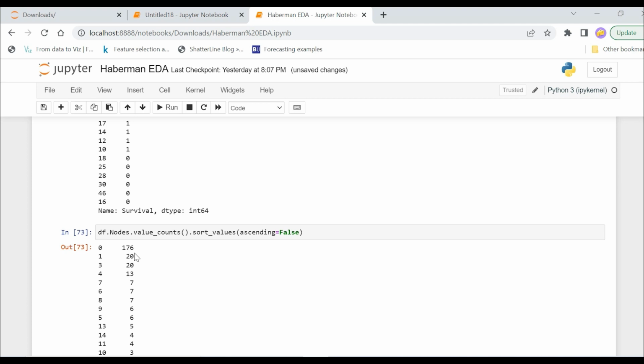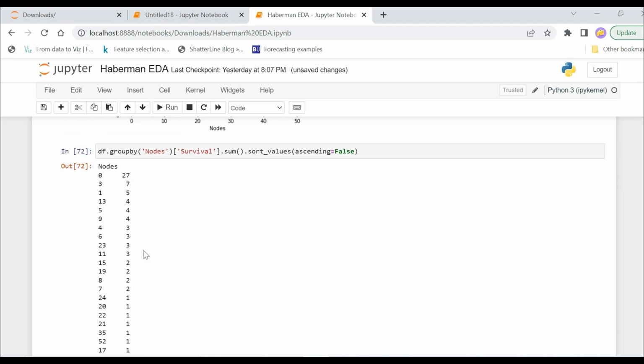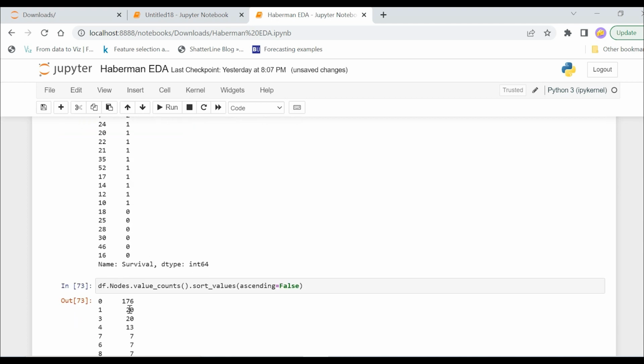In this case, you can see the 0 has 176 people here, and 27 out of 176 is not a big percentage, trust me. Now 1 is 20.